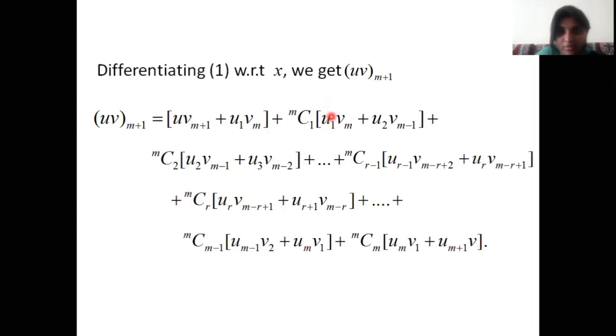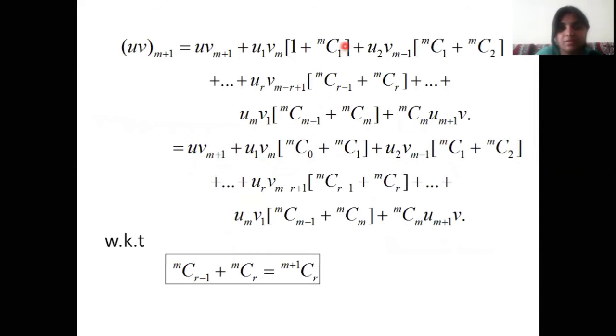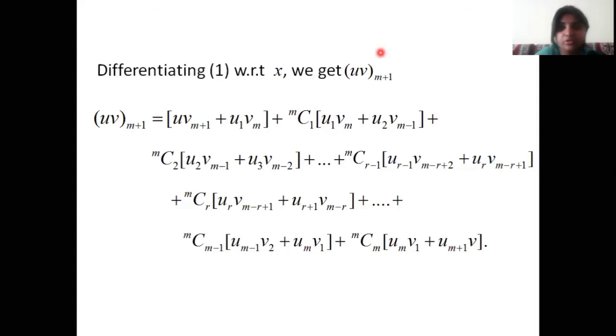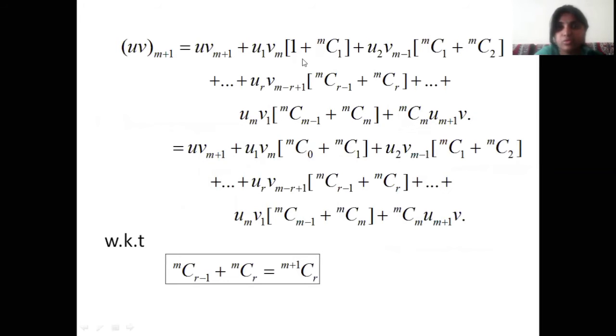And if I take that u^1 v^m outside here, I'll be left with mC1, so I have written that mC1 here. Next plus u^2 v^(m-1), that is common in these two terms. If I take these two terms outside, I'll be left with mC1 here, and here I'll be left with mC2. So that is what I have written here: u^2 v^(m-1) into (mC1 plus mC2), plus etc.